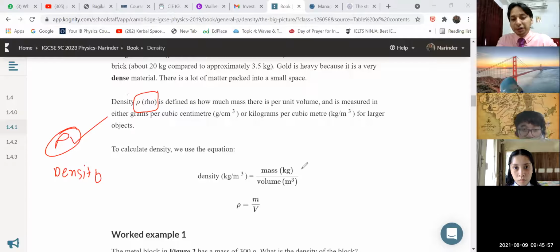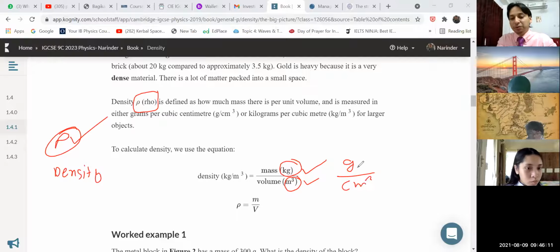Density is the equation mass divided by volume. In the SI system, the mass should be in kilogram and the volume should be in meter cube. Otherwise, in the CGS system, mass can be in gram and volume can be in centimeter cube.